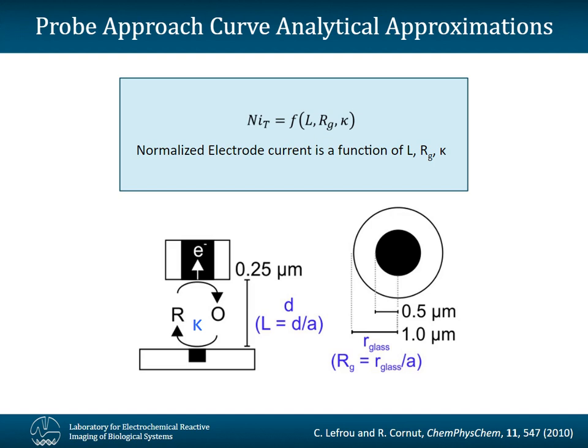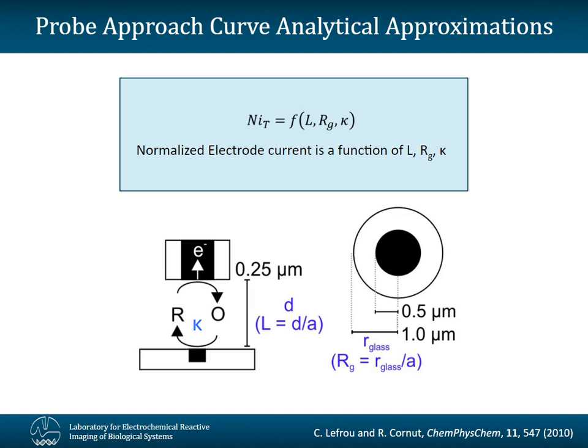RG is an important parameter in SECM. It's the normalized ratio between the RG of the insulating sheath and the radius of the active portion of that microelectrode.